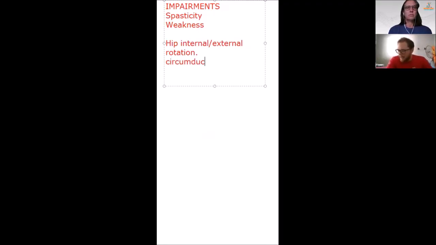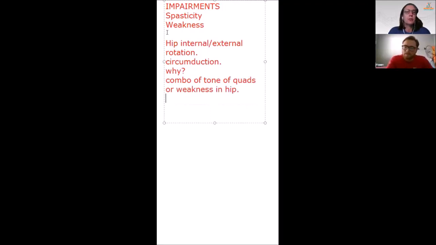And I think this is a combination, or at least we need to decide if it's a combination of the increased tone in the quads, or if there's also weakness in the hip as well. Great. Talk me through the spasticity there. Do you think she has an extension synergy or a flexion synergy tone pattern?